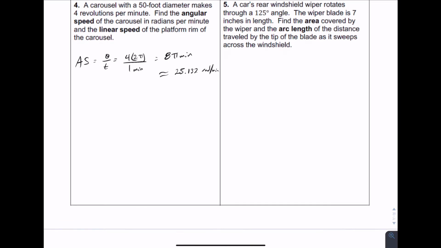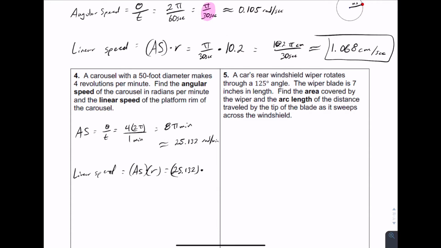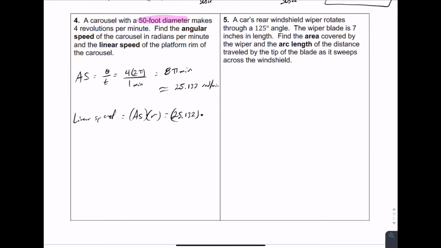Okay. Next, we get linear speed. So the linear speed, like we said before, is your angular speed times your radius. So we already have that. Angular speed is 25.132, times, and then our radius. They told us the diameter was 50 feet. Well, half of that is your radius, so times 25.